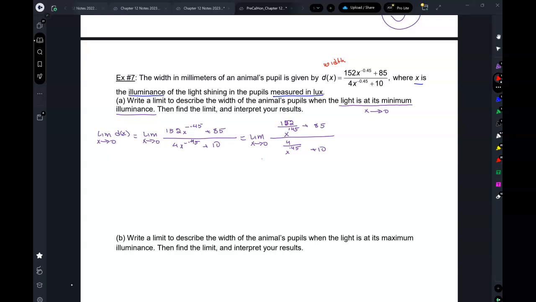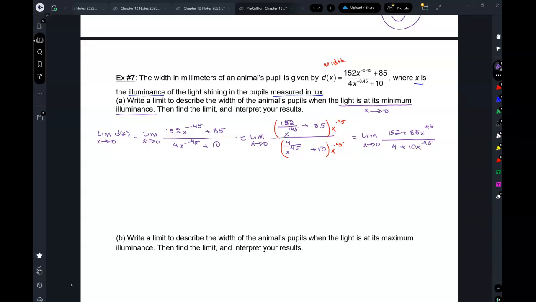So why don't we multiply top and bottom by x to the 0.45. So this is the limit as x approaches 0 of 152 plus 85 x to the 0.45 over 4 plus 10 x to the 0.45, right?